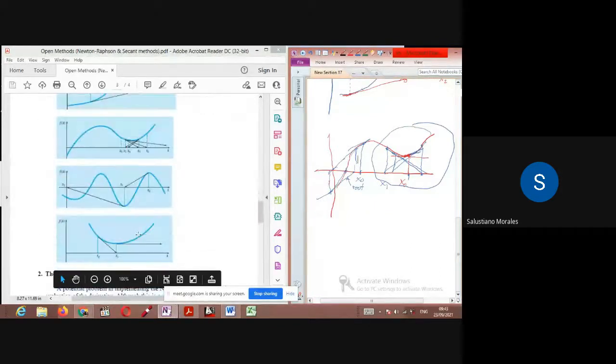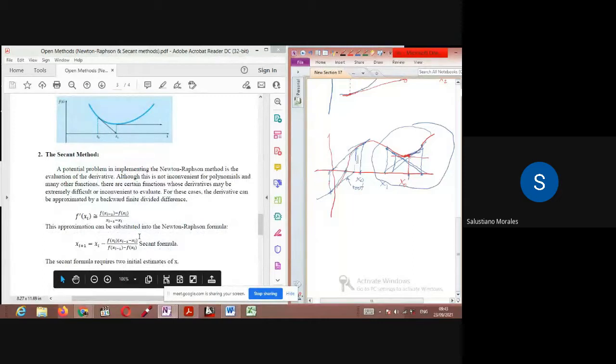In the next method, the second method, is to answer now the problem regarding the evaluation of the first derivative of the function. So, in the statement here, a potential problem in implementing the Newton-Raphson method is the evaluation of the derivative. Although this is not inconvenient for polynomials and many other functions, there are certain functions whose derivatives may be extremely difficult or inconvenient to evaluate.